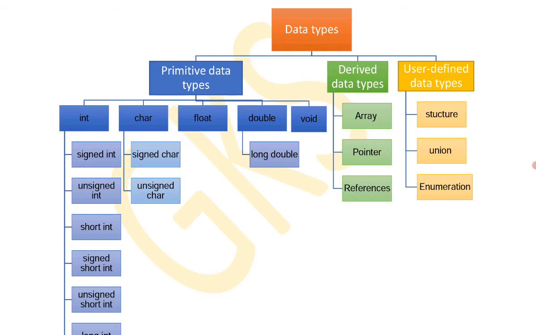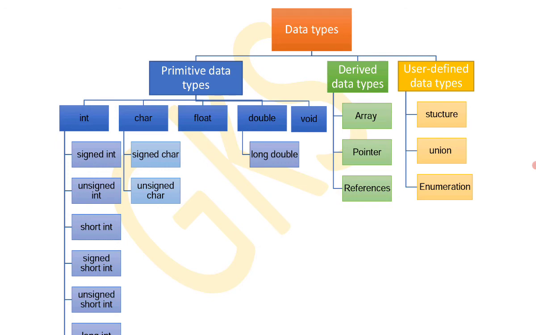So what are the primary data types? First one is int, meaning integers. Primary data types are the main data types in the C language, generally used to store primary data information in variables in the memory.